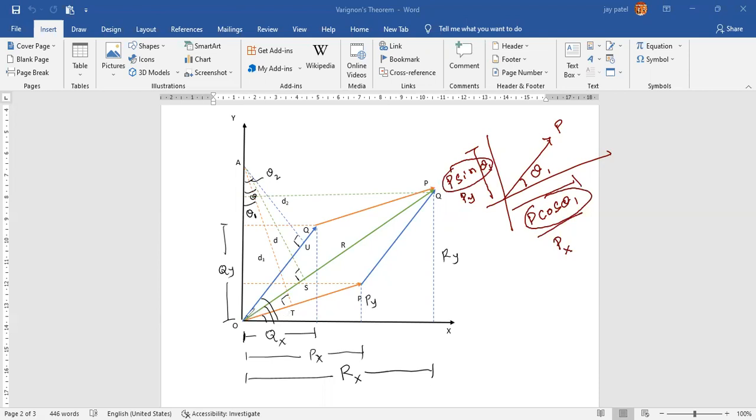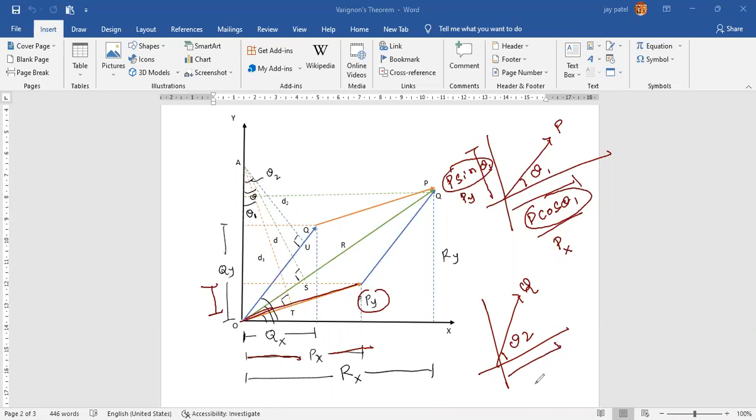This is your P force. If I want to resolve this force in x direction, your x component is Px. I hope it is clear. Your y component is actually like this, but I have represented it here. That is Py. Px, Py is clear. Similarly, we have another force Q. Its angle with the x-axis is θ2.